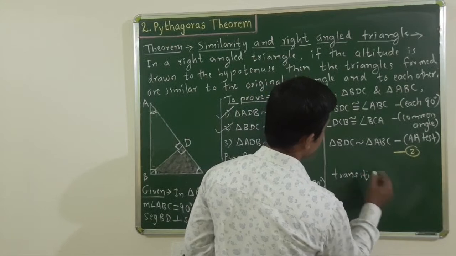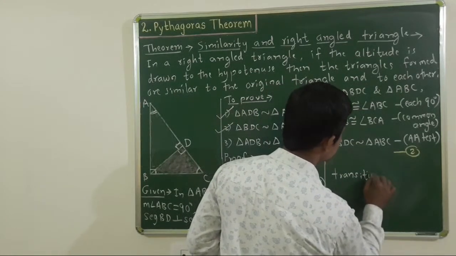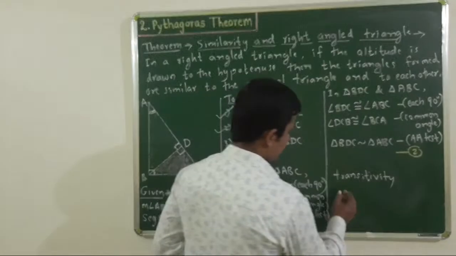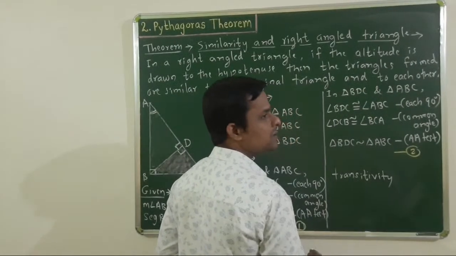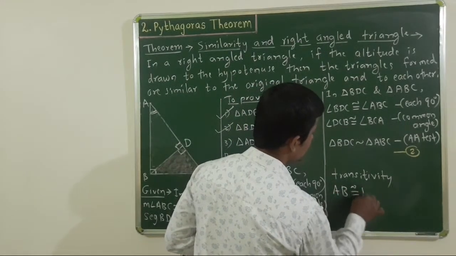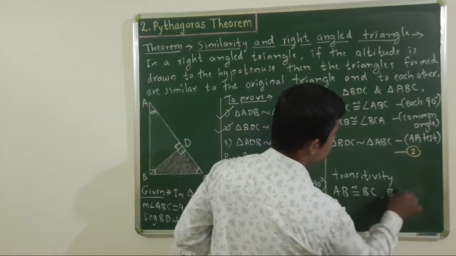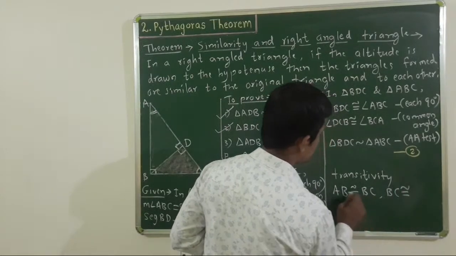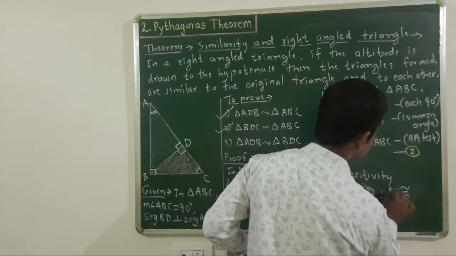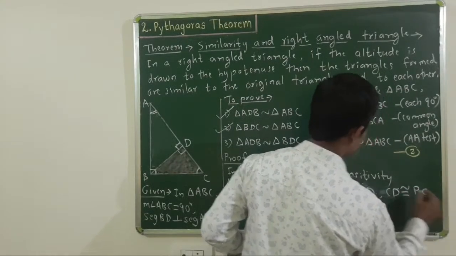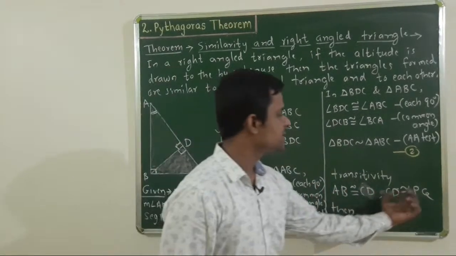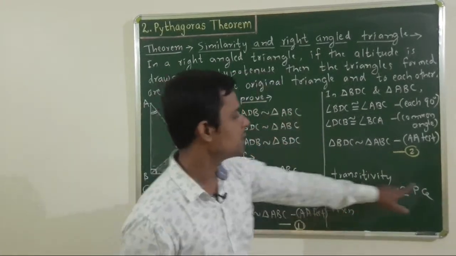I'll just revise this property. I'm talking about segments. Suppose AB is congruent to CD, and CD is congruent to PQ, then AB will be congruent to PQ.